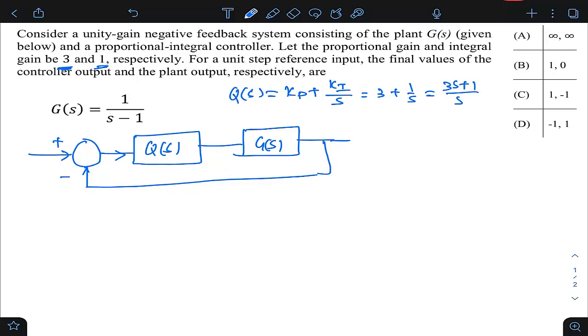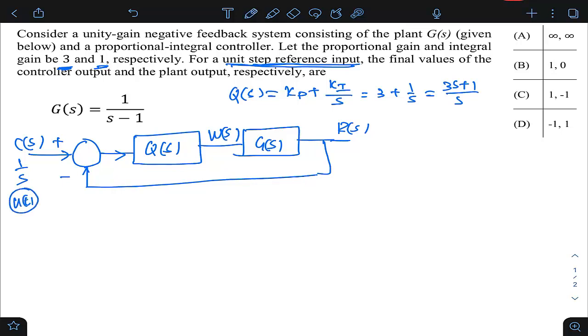Let us name this W of S. Let us name this R of S, and this is your C of S. What they're asking, if you see the questions, is for unit step reference input. If the input is unit step, C of S is 1 by S in the S domain, or basically u(t) in the time domain.